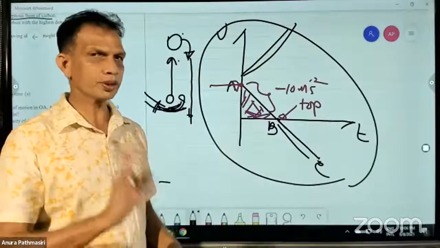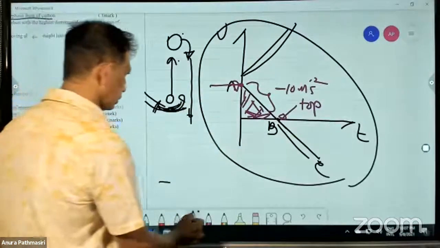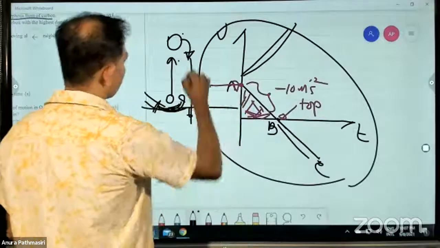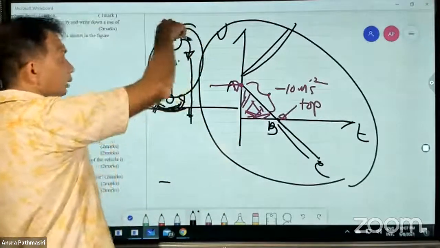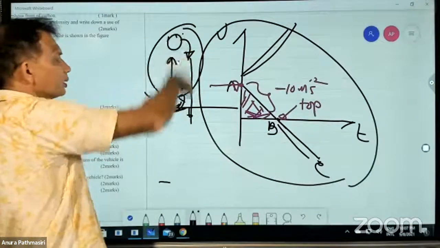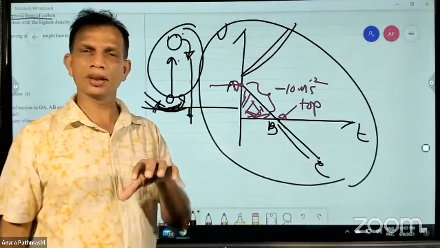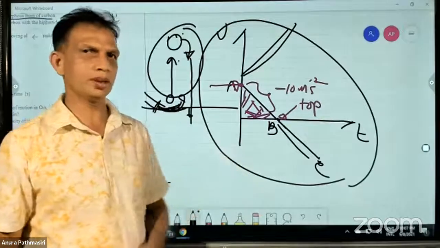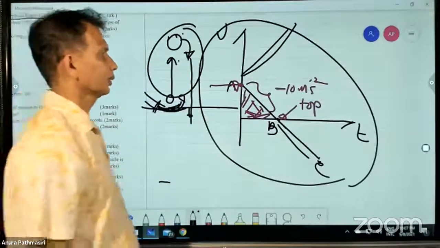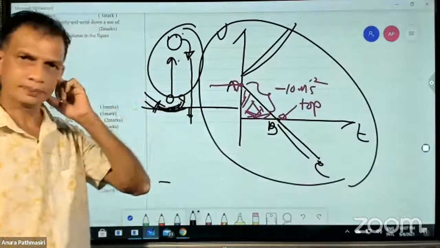Once it passes the initial position, it will be in the opposite direction. Can you understand what I said?